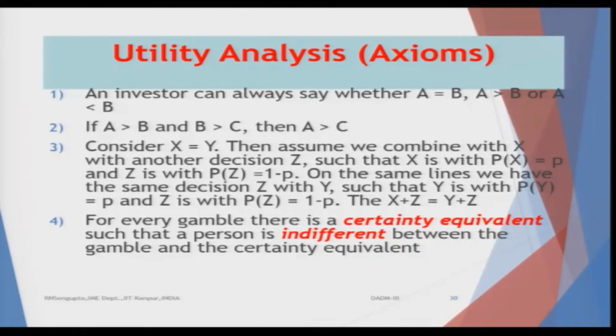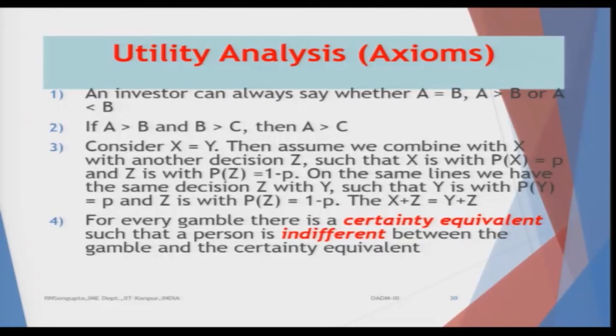So, once I try to find out the expected value corresponding to the decision x, and the expected value corresponding to y, considering z has been added in both the cases, this will give us some idea about the equivalence between x and y. So, for every gamble there is a certainty equivalence such that the person is indifferent between the gamble and the certainty value, based on which he or she will take decisions accordingly.